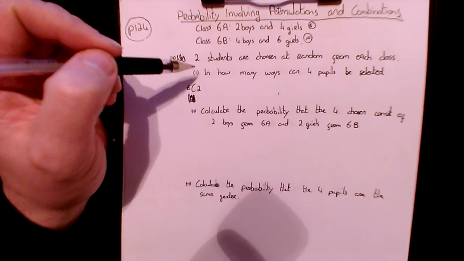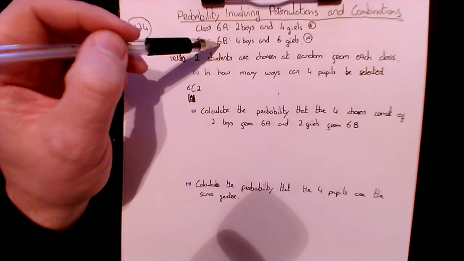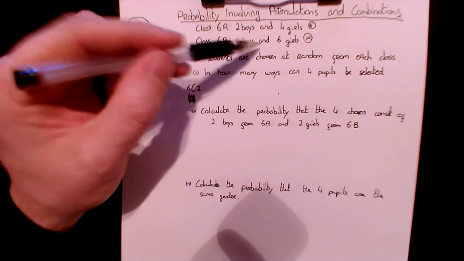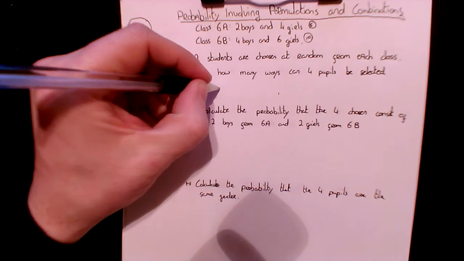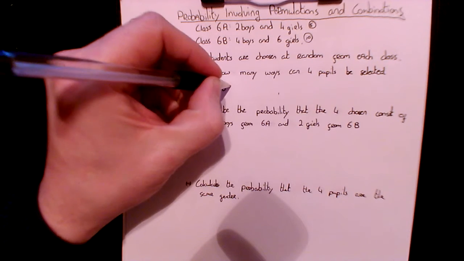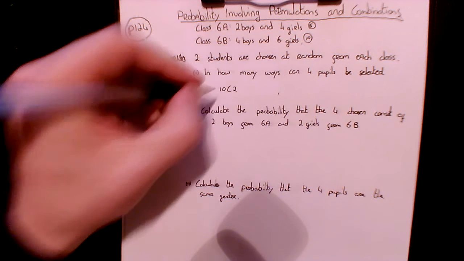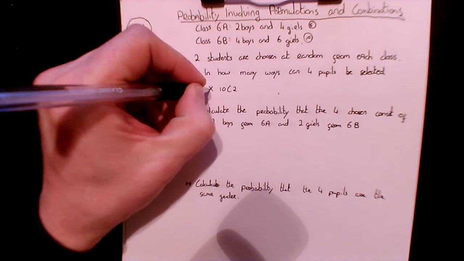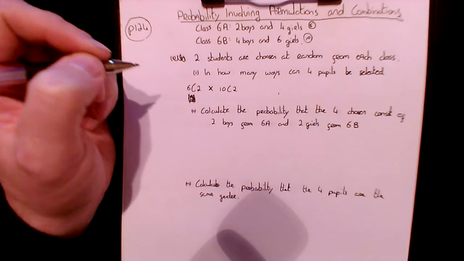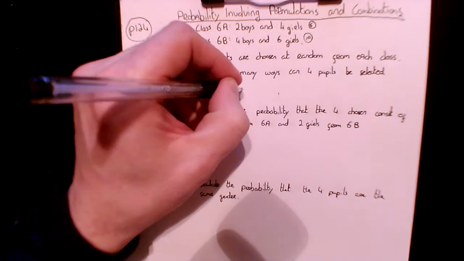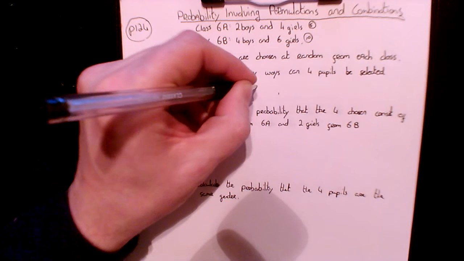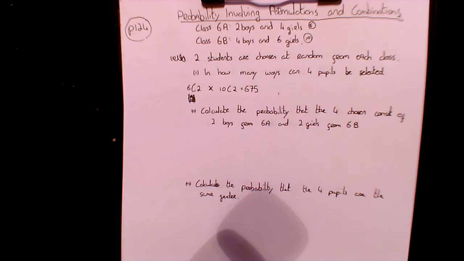And then the other 2 students are going to be chosen from 6B, so it's 10 choose 2. And then we're just going to multiply the 2 of them. Now I'm not going to use the calculator, because I know that that's 675. So 675 different ways.